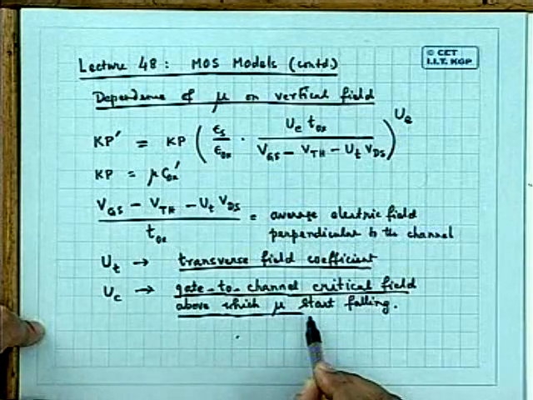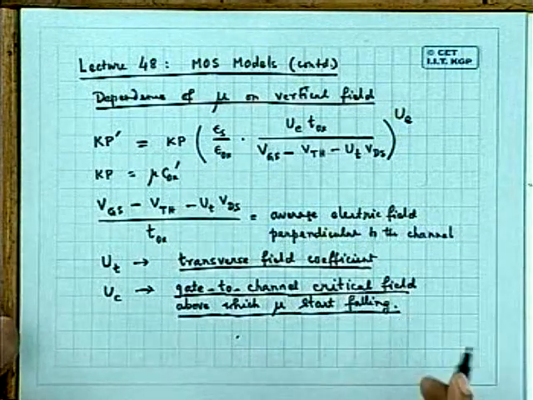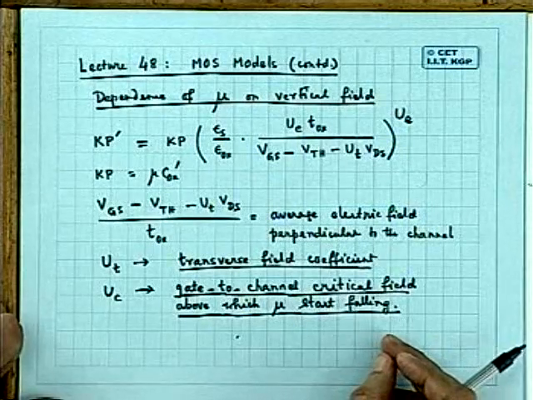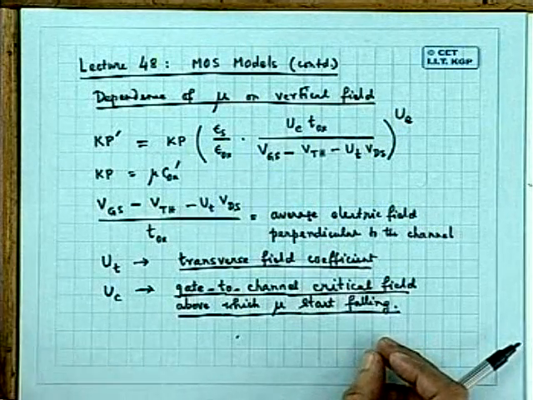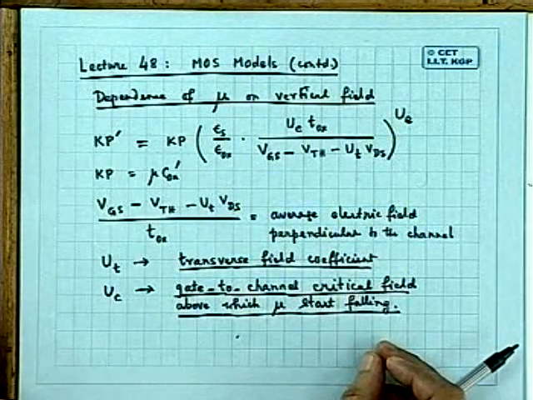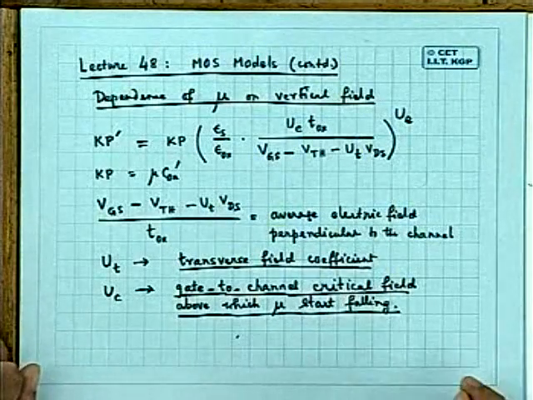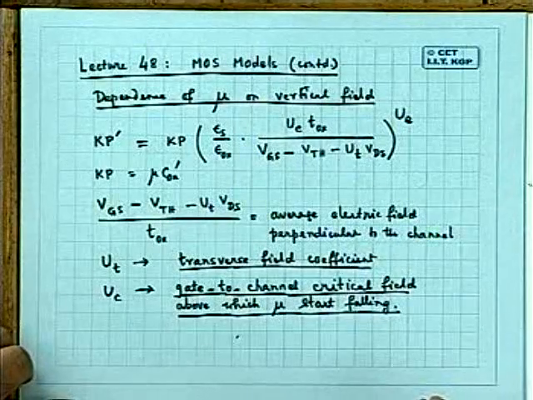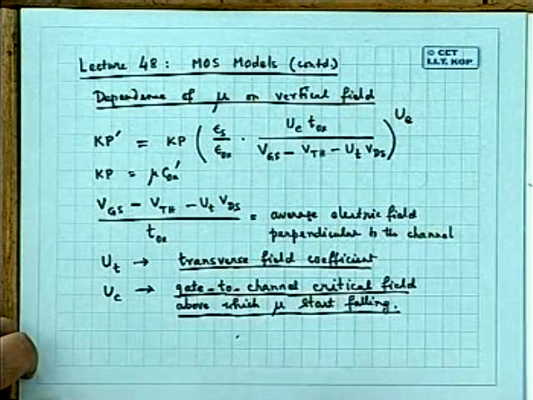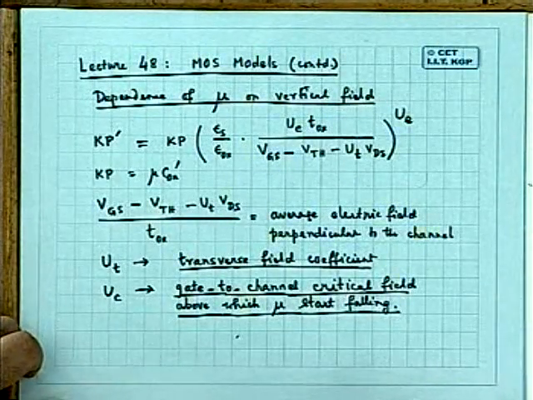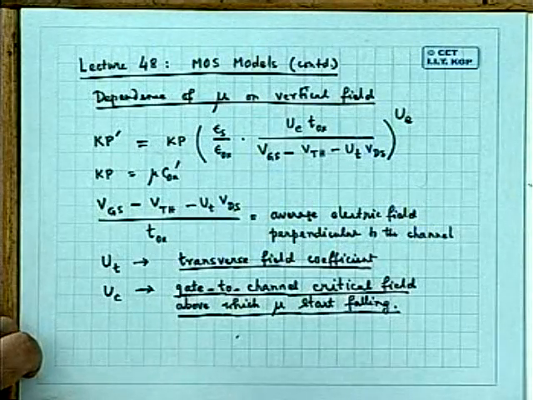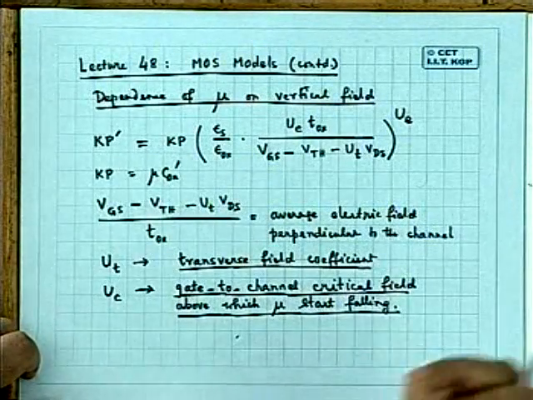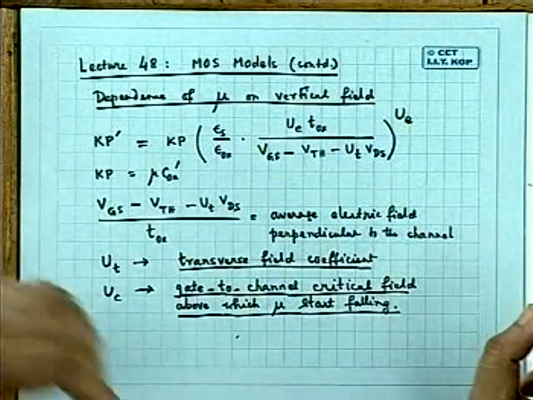Of course, this is not a very correct assumption. It's not true that up to a certain field there will be no velocity change; rather, the velocity will change slowly. But here we are assuming that up to a certain critical field, the velocity will not change and mobility will not be affected. On the other hand, as that critical field is exceeded, the mobility starts falling.